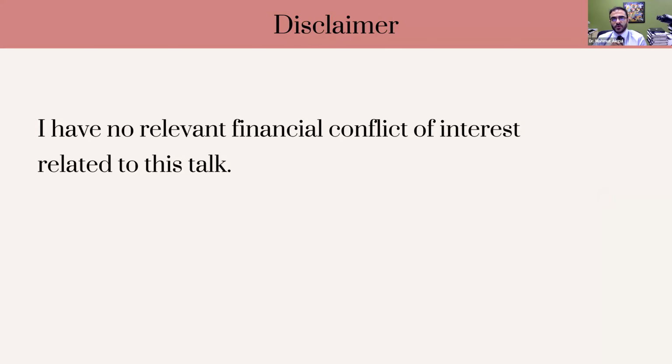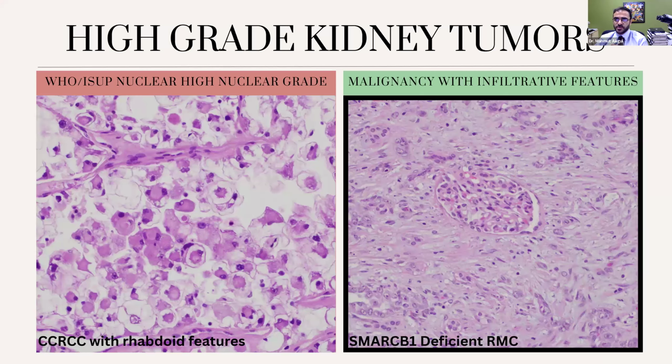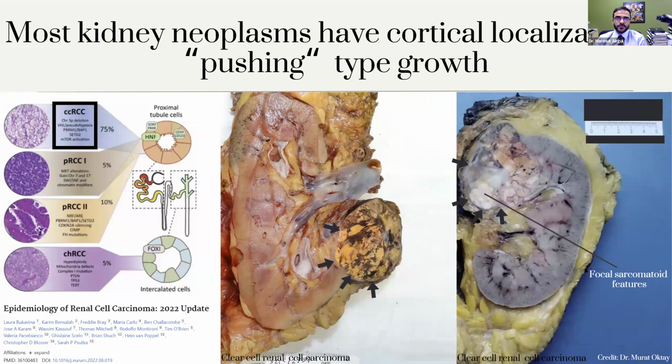So what I mean by high-grade kidney tumors might be a little bit confusing. I am not just talking about tumors with high nuclear grade. I'm also talking about tumors with high-grade infiltrative features. To give an example, the most common kidney cancer in adults, as you know, is clear cell renal cell carcinoma.